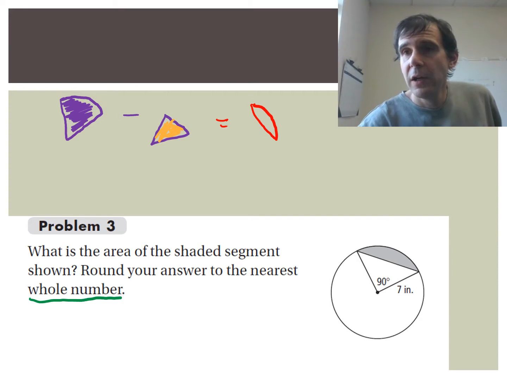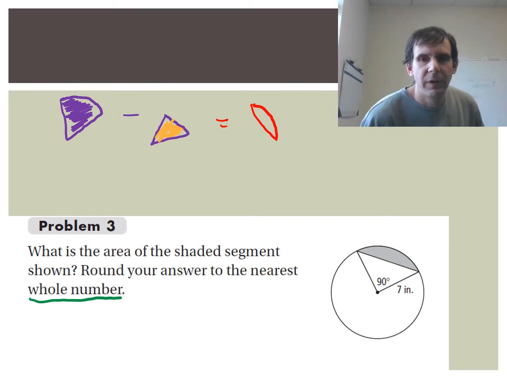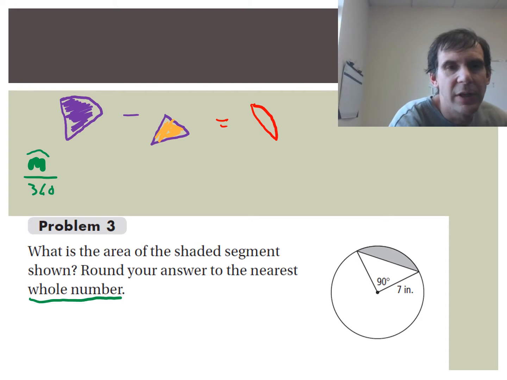Okay, so this problem will take a little bit of time, right? So let's take a look here. First thing we've got to do is find the area of that sector. So the area of the sector is going to be, remember, the measure of the arc over 360 times the area of the circle.